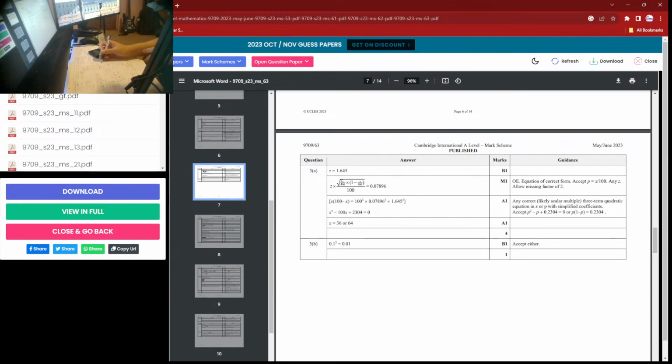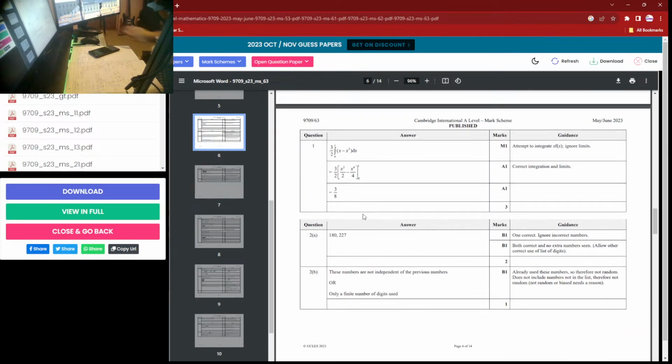And 64, 36. Alright. 180, 227. Only a finite. These numbers are not independent of the previous number. Oh yeah. Not independent of previous number. And 3 over 8.